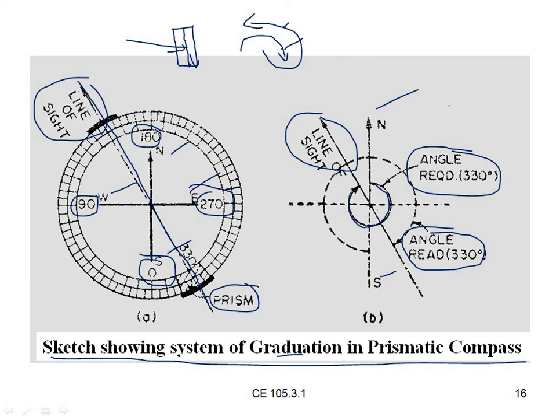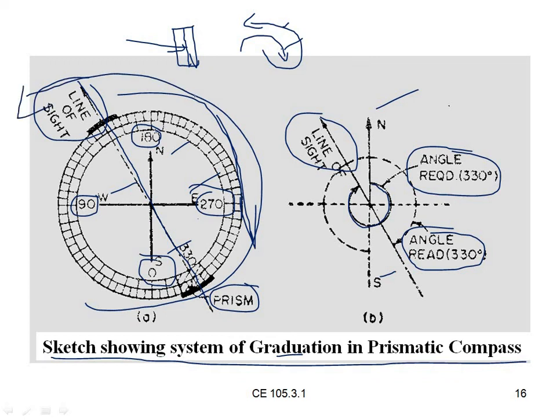So this line of sight needle which is there will be moving in the clockwise direction, and it will be moving in the anti-clockwise direction also. If you are seeing this in the clockwise direction, it is called fore bearing and it is positive.